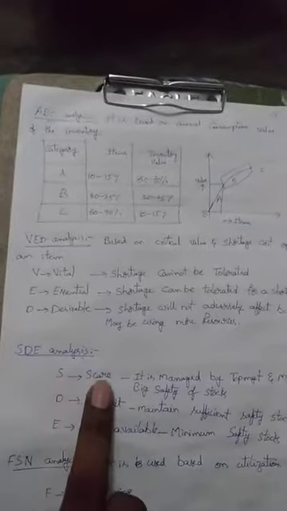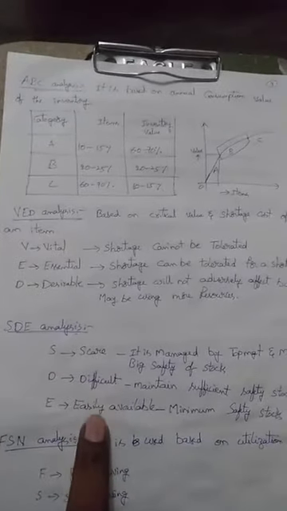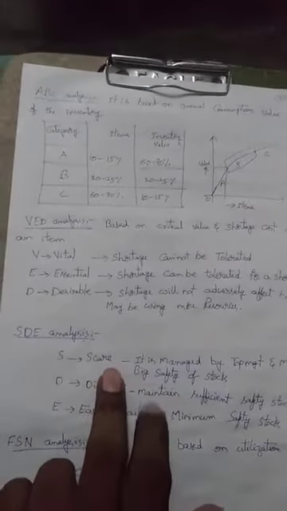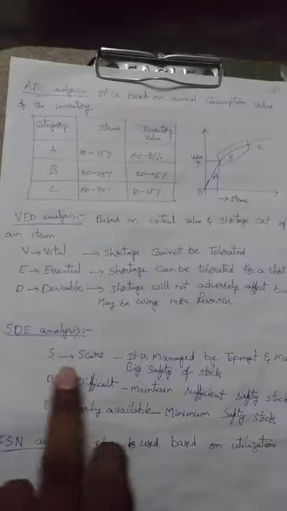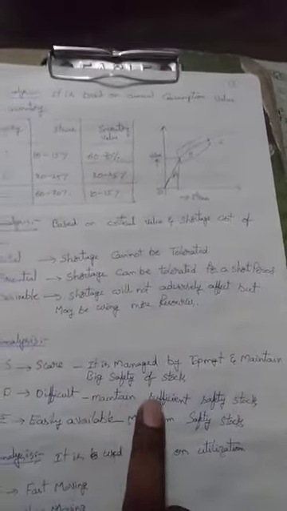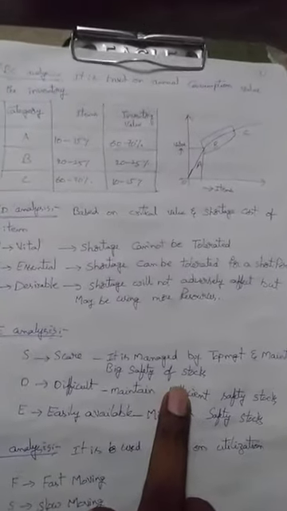The abbreviation of SD is nothing but scarce, difficult, and easily available. So the concept of SD analysis: when particular raw materials are given the S grade, it means they are managed by top management and a big safety stock is maintained.